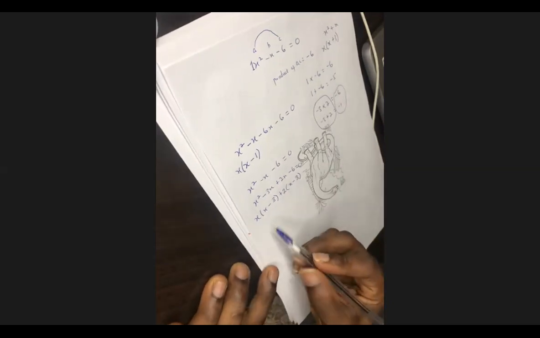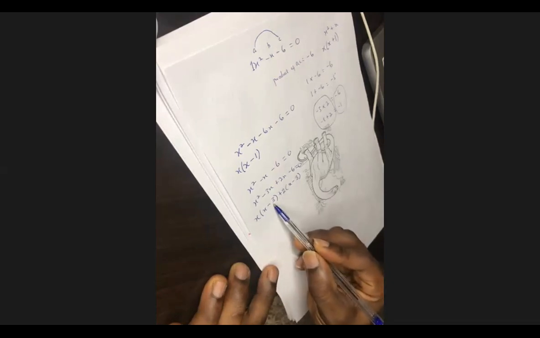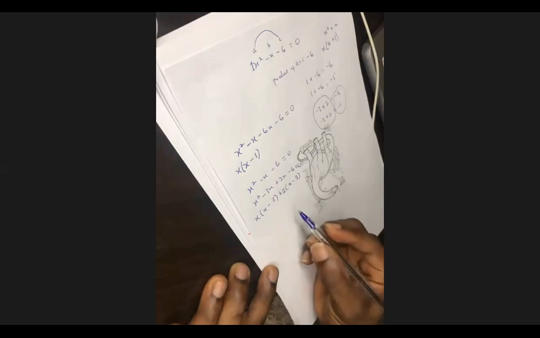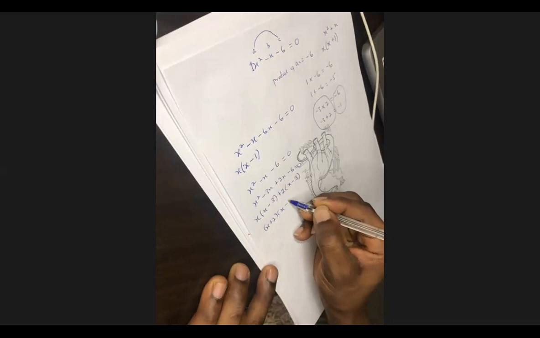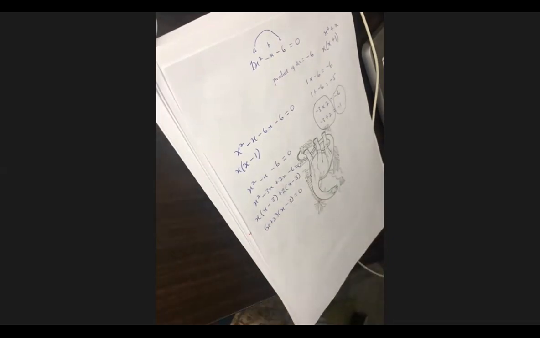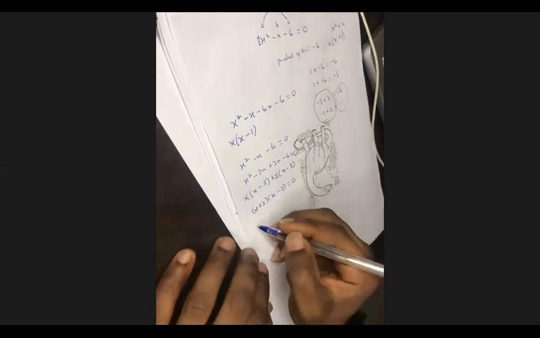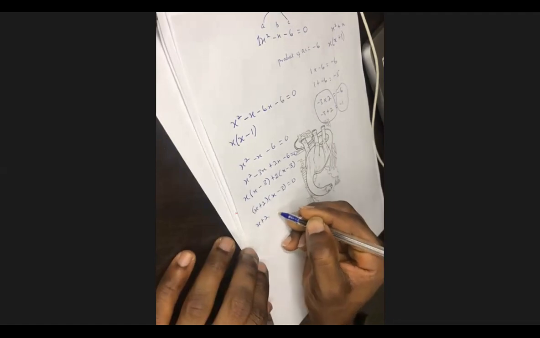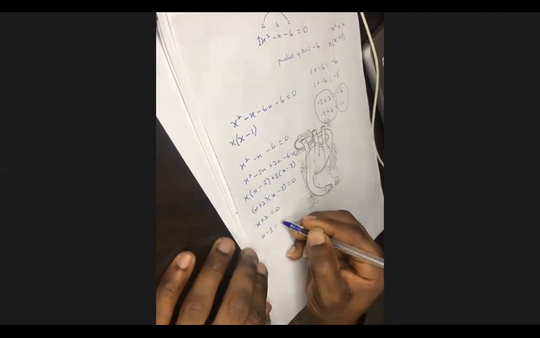So now the outside values and then one of these. So I have x plus 2, x minus 3 is equal to 0. Now at this point, I am sure it is pretty easy for you to find x because you have x plus 2 is equal to 0 and x minus 3 is equal to 0.